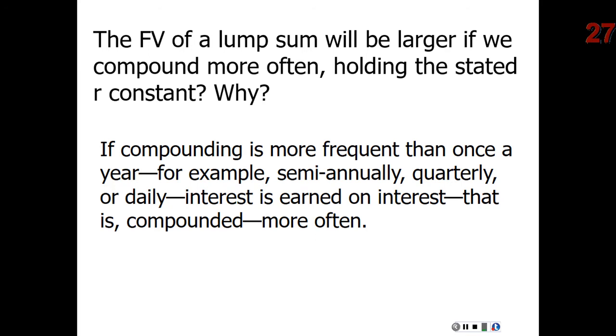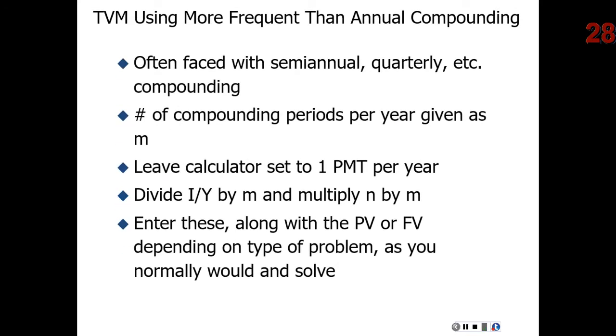On the other hand, if you're borrowing money and you're comparing lenders, one lender compounds your interest that you owe them quarterly, the other compounds monthly, you would want to go with the one that compounds less frequently, which is quarterly, because it means you're paying less interest. So it can work for you or against you depending on what your situation is. And that's what this is telling us.